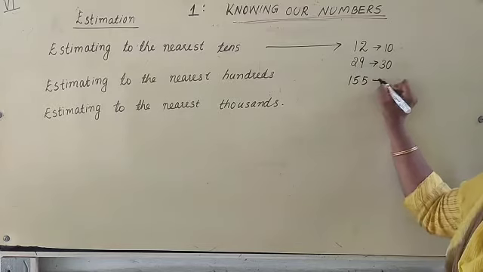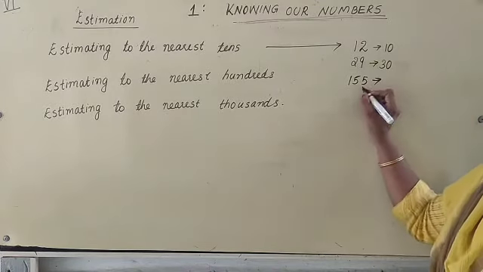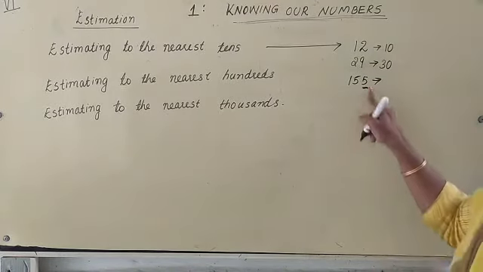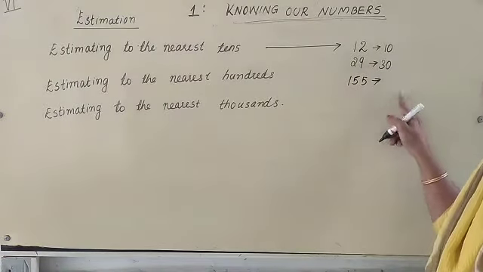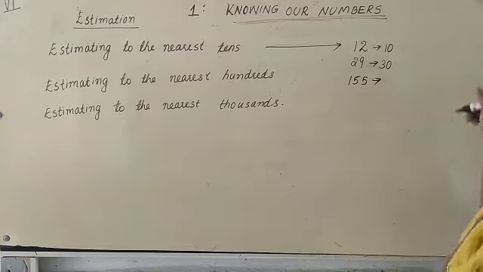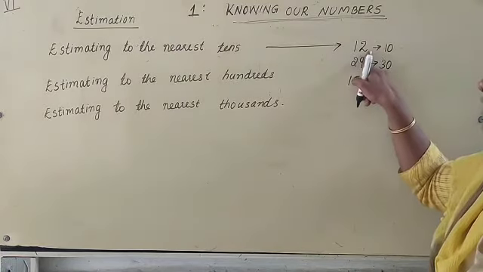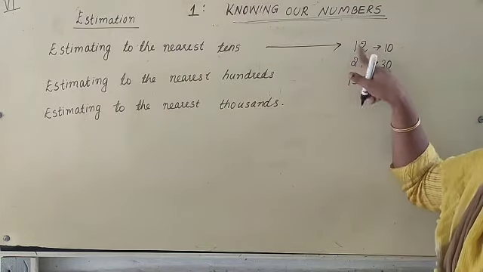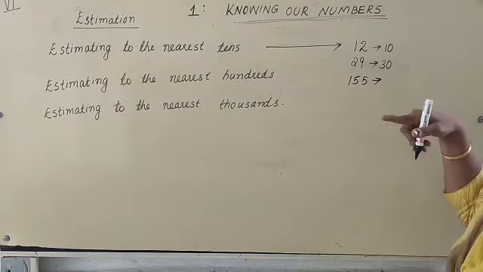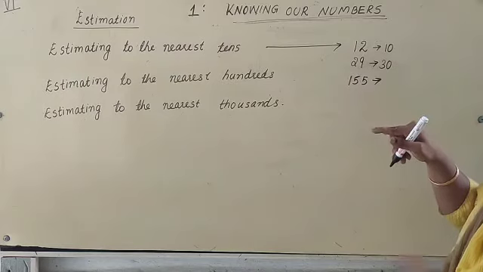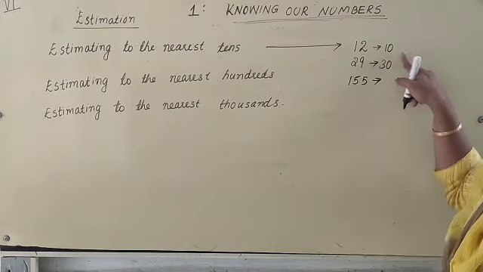155. The unit place digit is 5. If the unit place digit is 5 or more than 5, we estimate to the next 10. And if the unit place digit is less than 5, we estimate to the earlier 10 itself. 12 we round off to 10 itself.